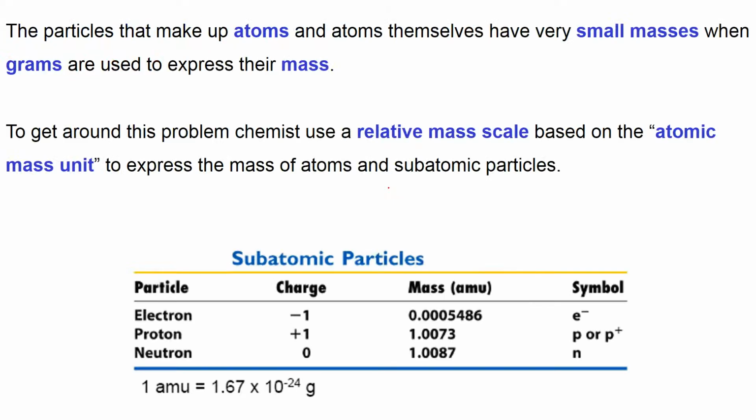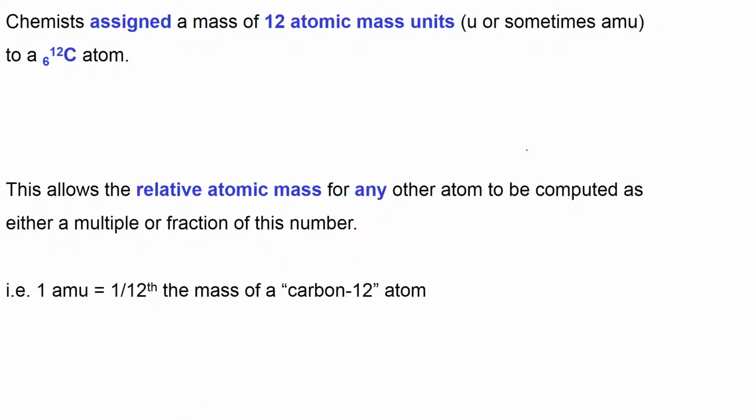So now we turn our attention to how much an atom weighs. The particles that make up atoms are very, very small, and grams are not a useful way of expressing their masses. So we tend to express their masses in terms of atomic mass units. This is a relative mass scale that gives us more sensible numbers to work with.